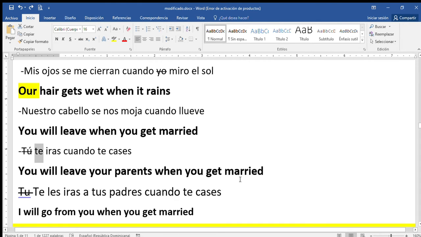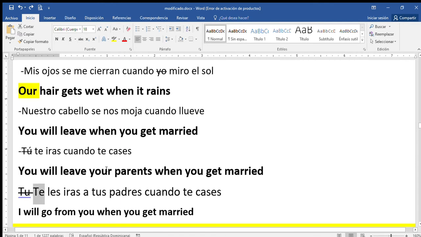You will leave your parents when you get married. Now he's making an action and he's doing it for somebody, because you will leave. Who are we talking about? We are talking about you. So tú, and we put the corresponding pronoun te.